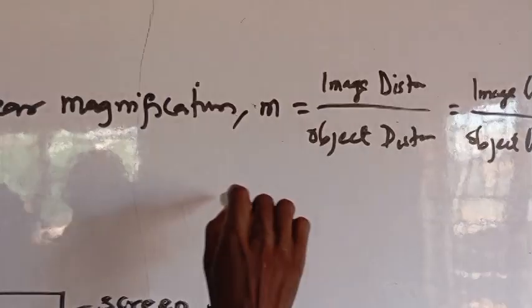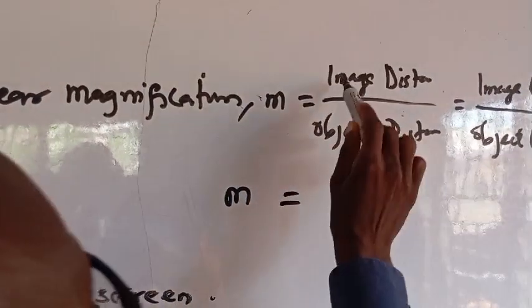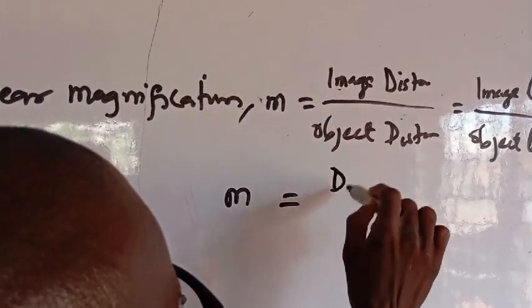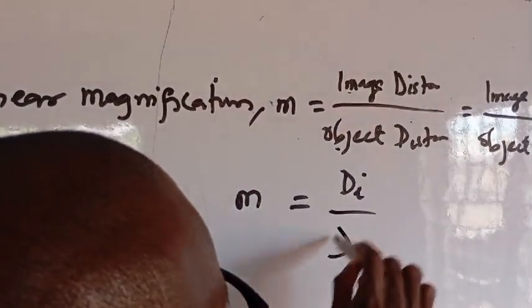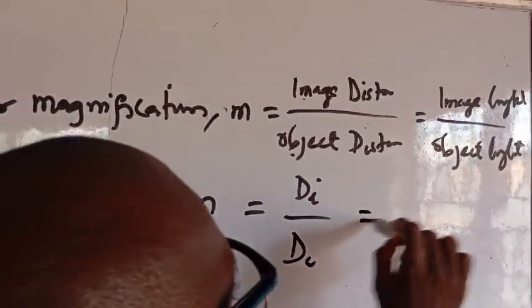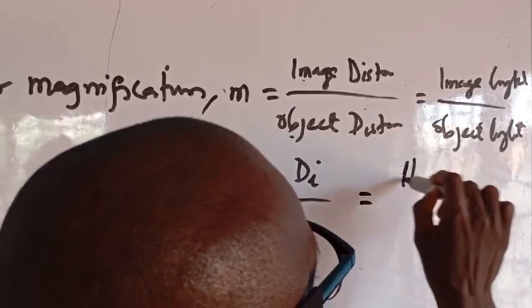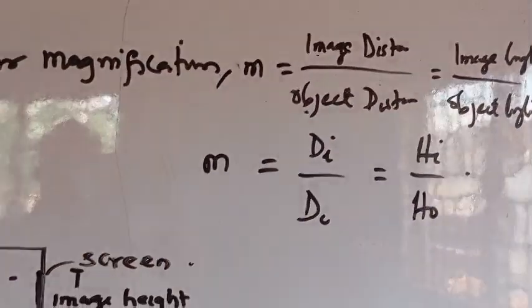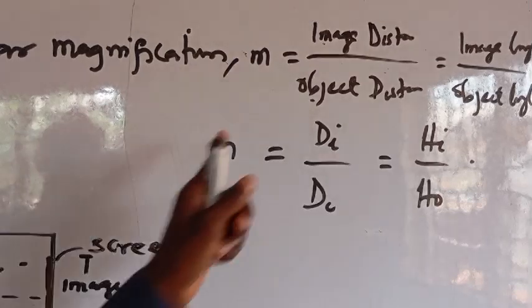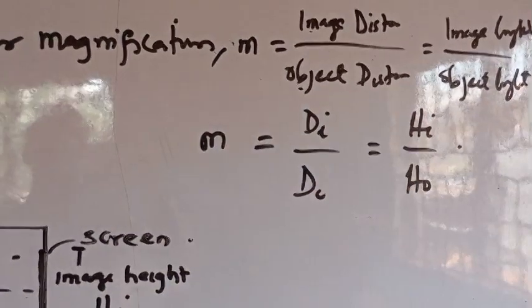You see now, I can also write it like this: image distance, object distance, image height, object height. So when we are saying the magnification, it's just something like this.